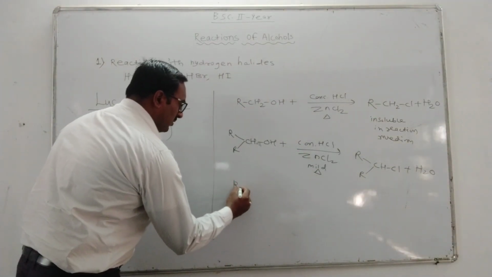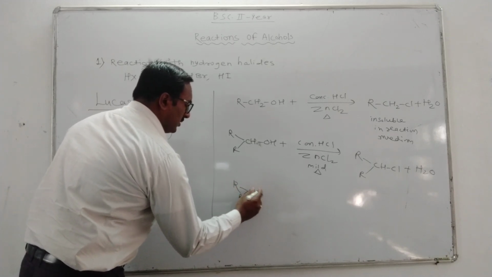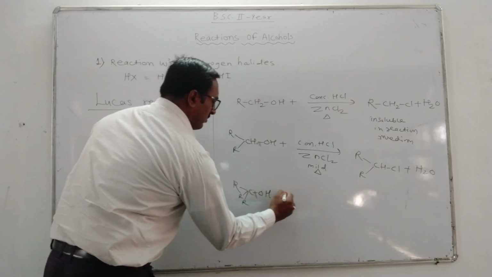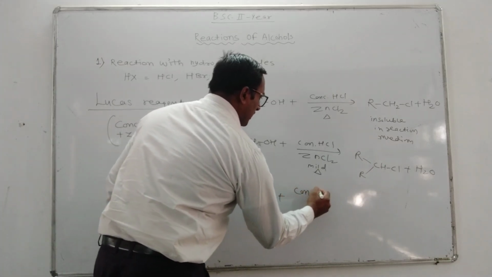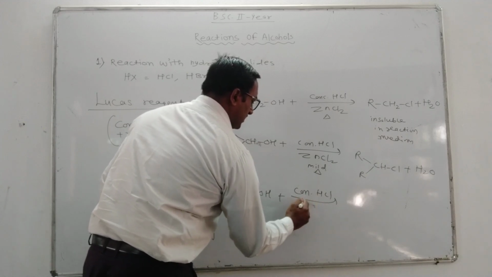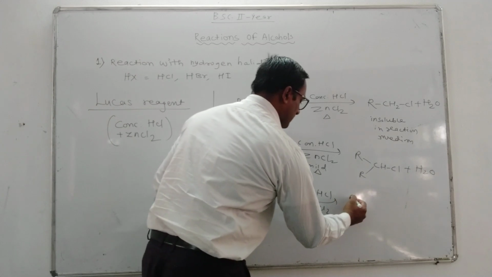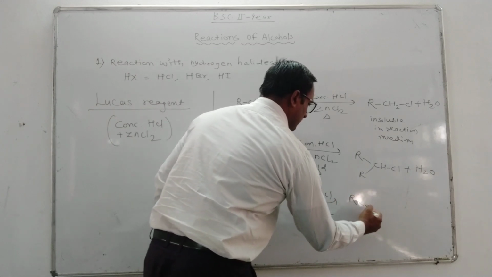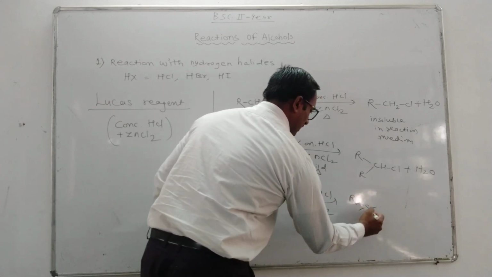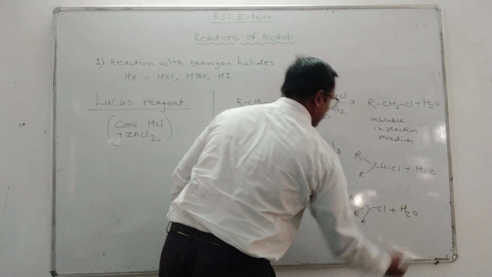Then we have tertiary alcohol, R3COH, plus concentrated HCl and ZnCl2 at room temperature gives tertiary alkyl halide plus H2O.